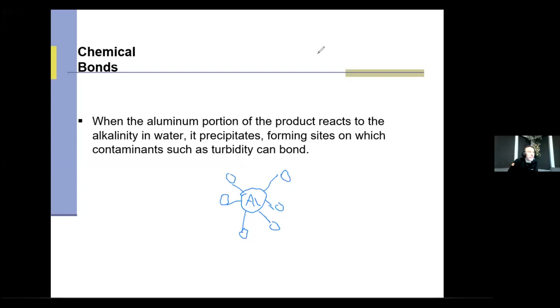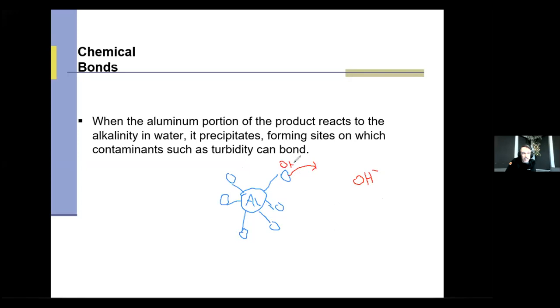What's going to happen when I add this to water is there's an exchange. In the water, I'm going to have a bunch of OH minuses, which are called hydroxyls, or also alkalinity. All these sulfates are going to go into the water, and all the OHs are going to go onto each arm.